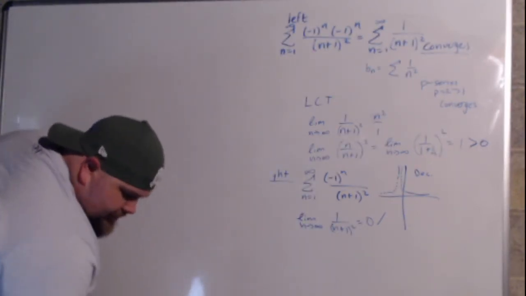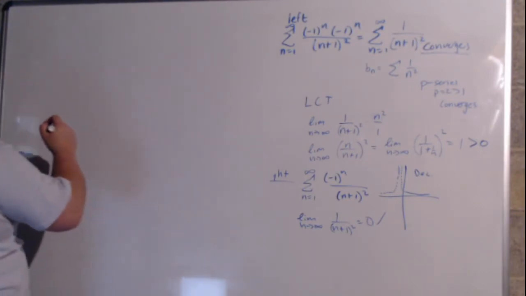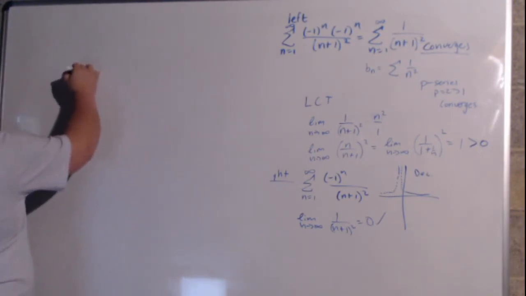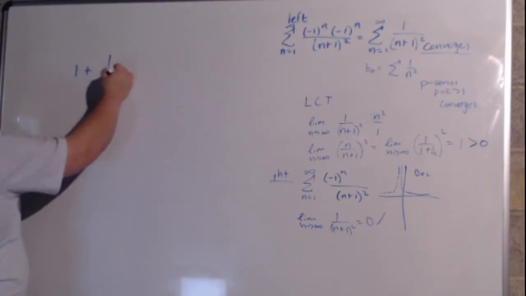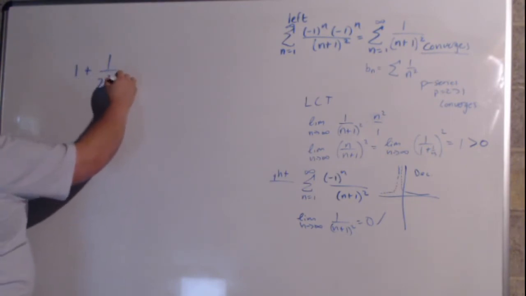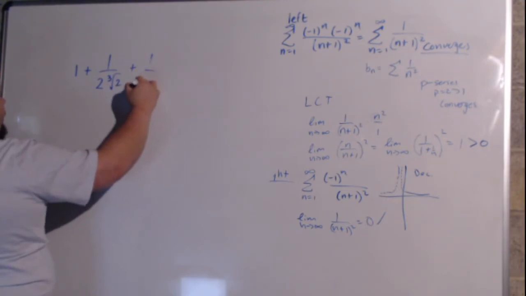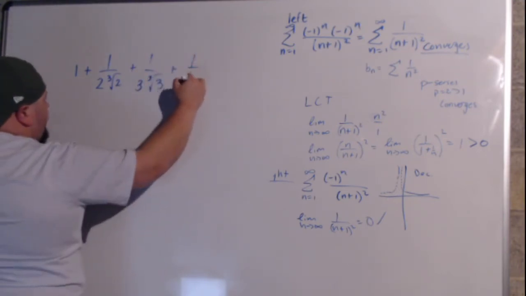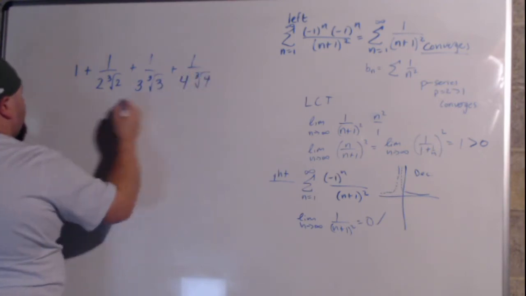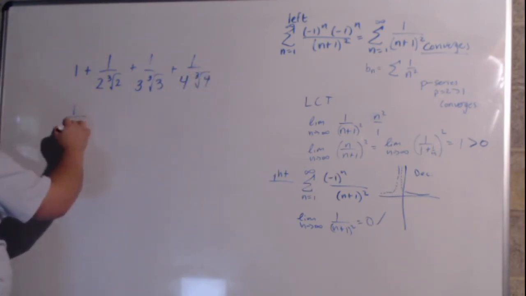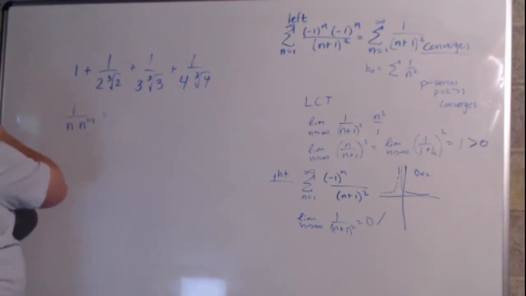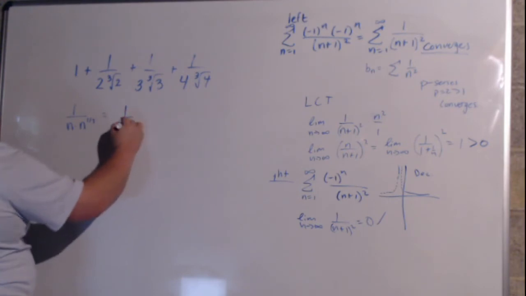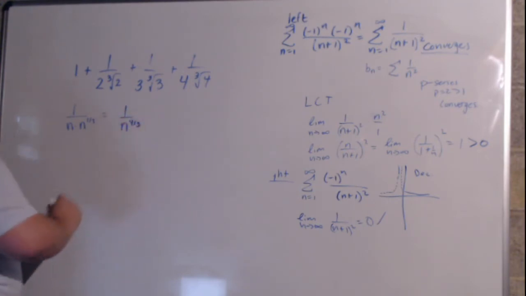So 2g, you've got 1 plus 1 over 2 cubed root of 2 and 3 cubed root of 3 and so on. So that's 1 over n times n to the 1/3, or 1 over n to the 4/3, right? For each term.